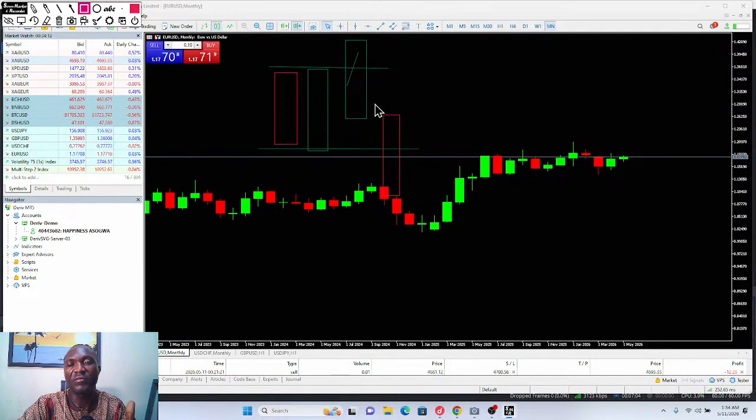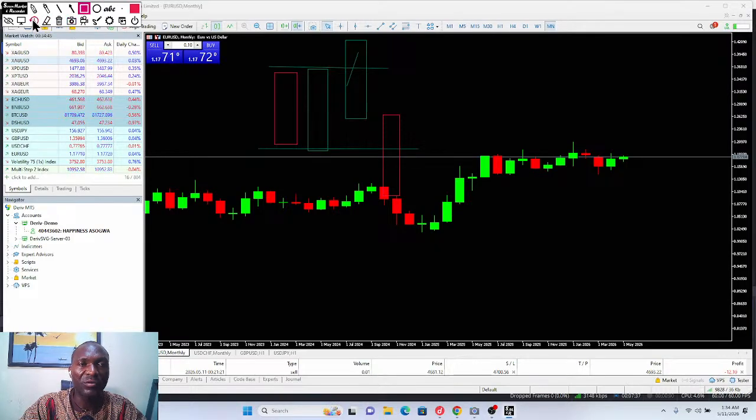Now, if it has a series of higher highs and higher lows, it is known as an uptrend market structure. And if it has a pattern in which you have more of this going down, that is lower highs and lower lows, it is known as a downtrend market structure.